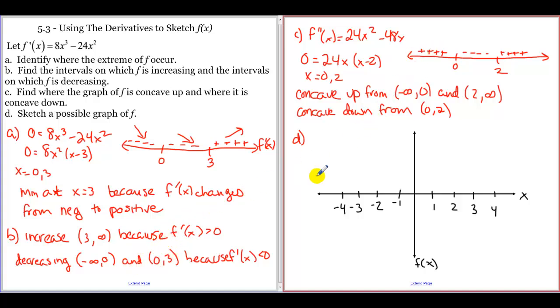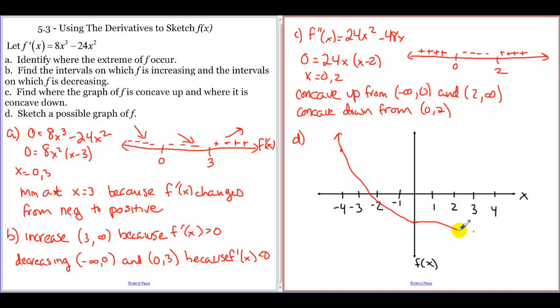So from 0 to 3, I'm decreasing, but from 0 to 1, I'm concave up, and then I change concavity. So I'm concave up, holding water. At 0, I have to be some sort of constant. Then I'm still decreasing all the way to 3, but now I'm concave down.